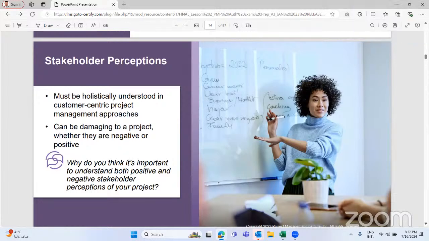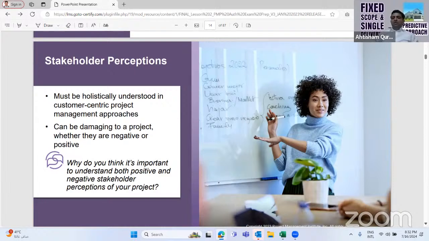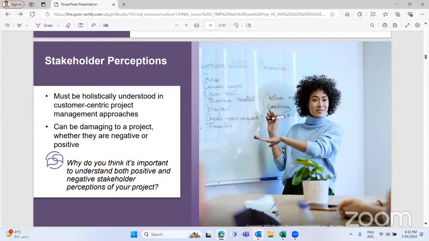As they have perception about the project will fail because the project manager is very naive, right? He's not assertive. He's not putting up more interest or assertion. So we think that the project will fail. So those perceptions need to be managed as well. Make sense? Makes sense. Yeah.